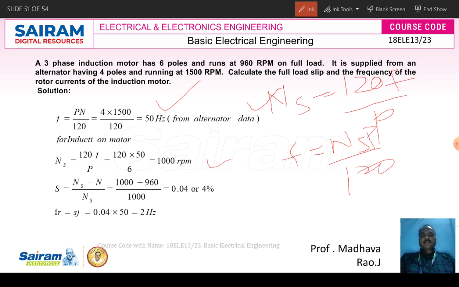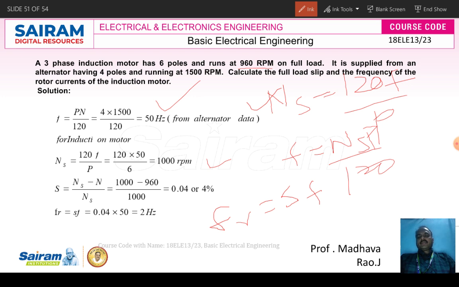Coming to the slip: to find the rotor frequency, we need the slip and the supply frequency. How will we calculate the S value? We know the motor speed. The motor runs at 960 rpm and the synchronous speed is 1000 rpm. So S is equal to Ns minus N divided by Ns. Substituting the values, slip is equal to 4%.